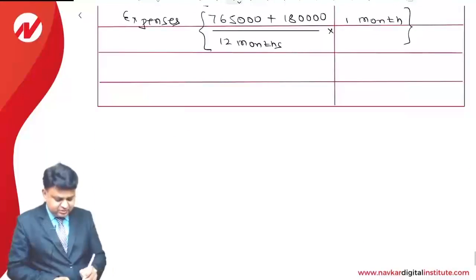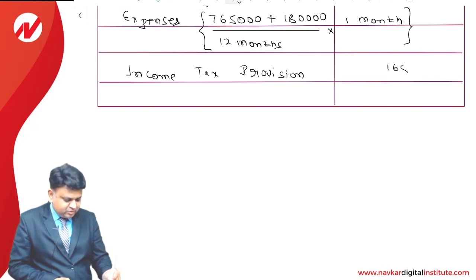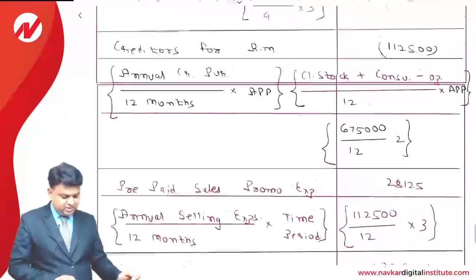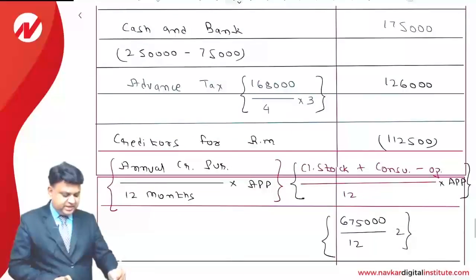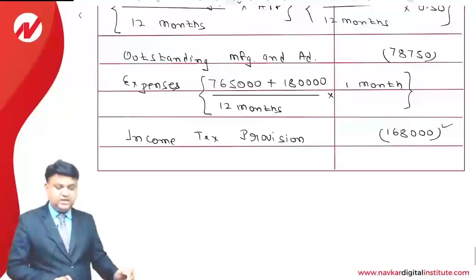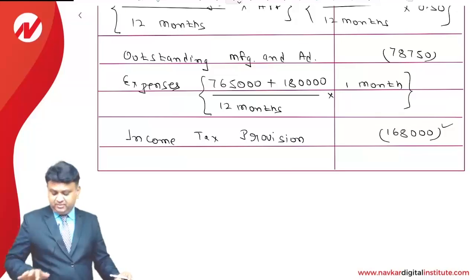Next is the income tax provision. It is an amount of 1,68,000. Dear students, you can very well understand that over here, since I have mentioned the advance tax of 1,26,000, I'm writing the entire provision over here on a liability side. That is as current liability.